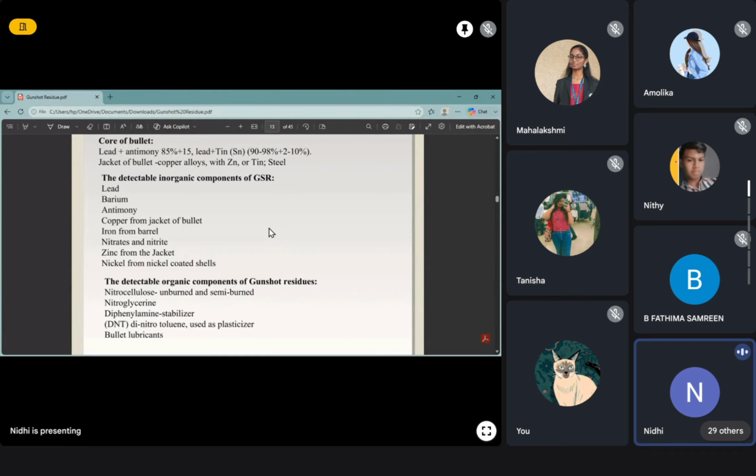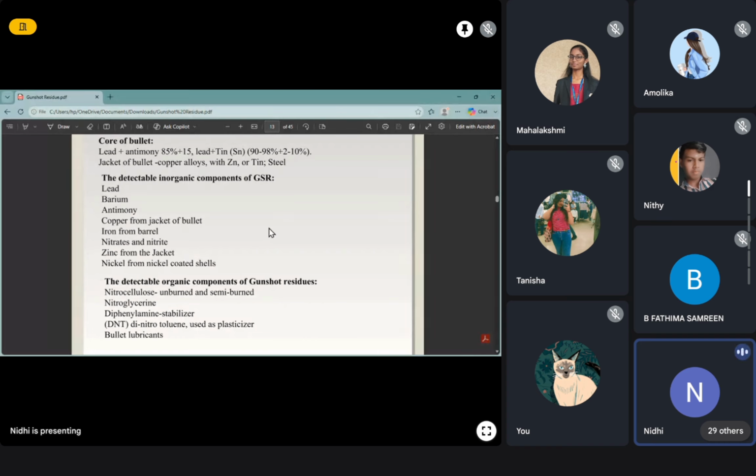which are copper alloys with zinc or tin steel. The detectable inorganic components of GSR are lead, barium, antimony, copper from the jacket, iron from the barrel, nitrates and nitrites, zinc from the jacket if it is jacketed, and nickel from the nickel coated shell.